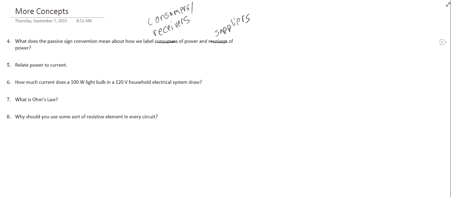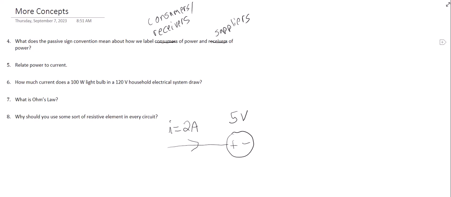So let's say I have a circuit and I have a voltage source here and I have a current, and this voltage source I have labeled as 5 volts and this current labeled as 2 amps.